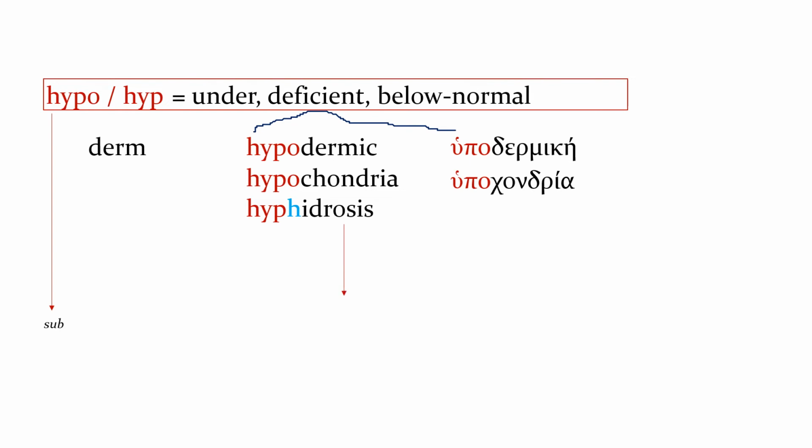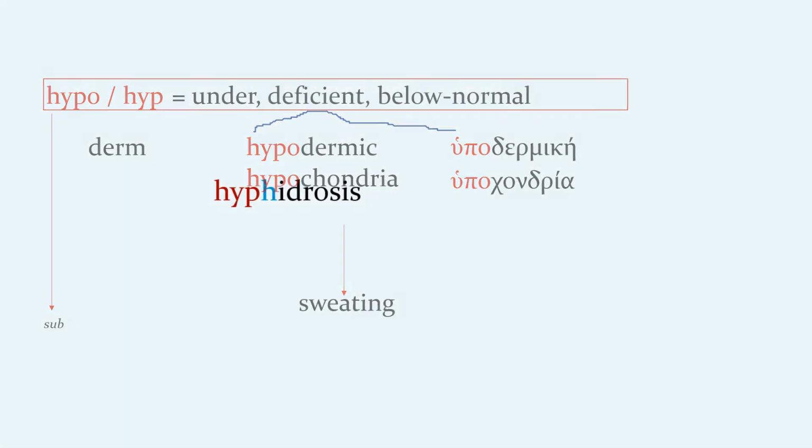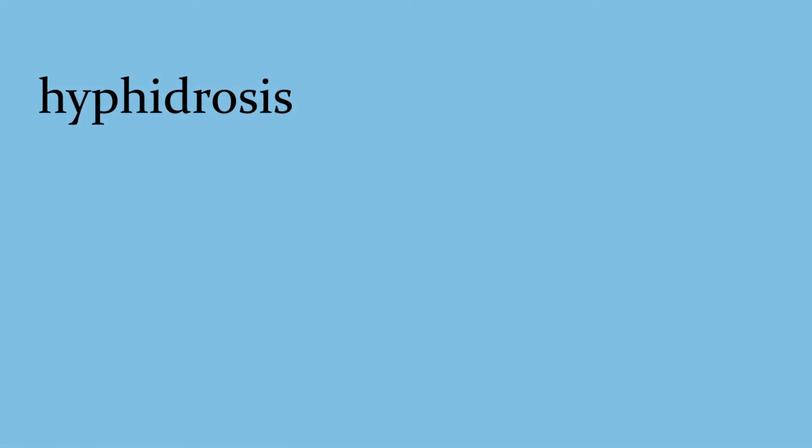And there's hypohidrosis. Now, what if I told you that hidrosis meant sweating? You know that the hyp is something that is low, something that is deficient, and now you know that the hidrosis means sweating.